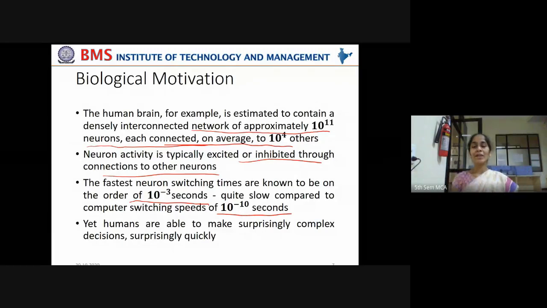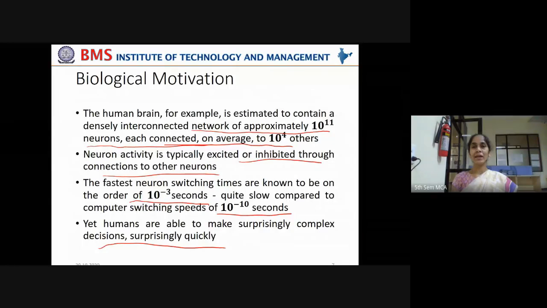Say some people do multitasking. How do they switch between the tasks? And for a single task at least, how are those multiple neurons switching so quickly? When compared to computers, though it is somewhat slower, humans are able to make surprisingly complex decisions surprisingly quickly.